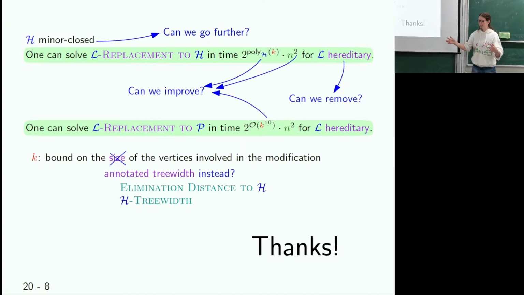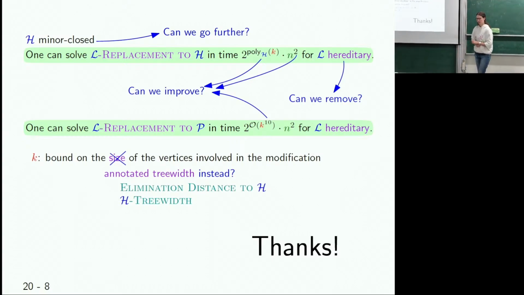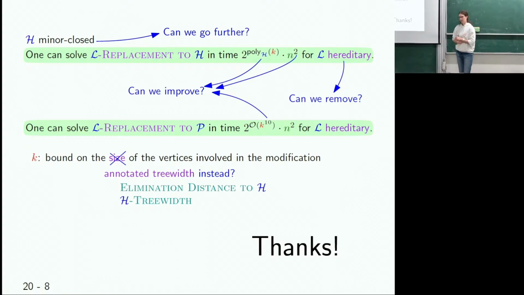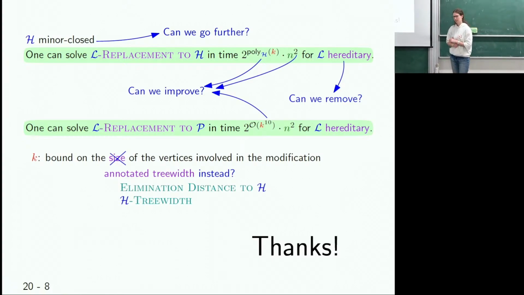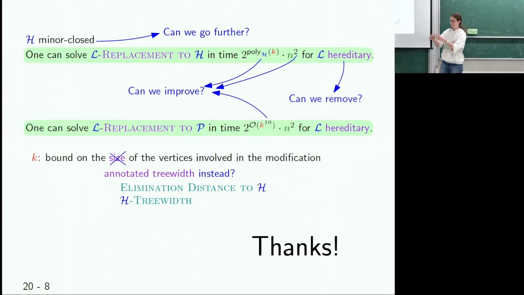And at the end, if the size of your graph changed, it means that you found your graph H as a subgraph. So in your replacements, you just check whether there is H as a subgraph.